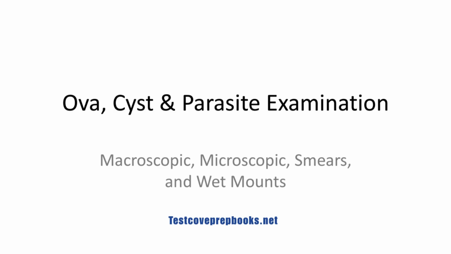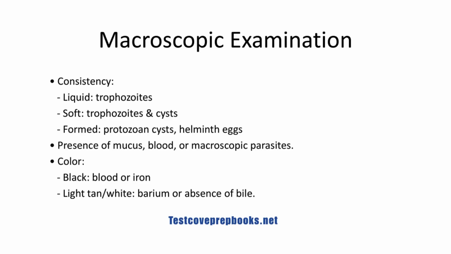Examination of stool specimens for ova, cysts, and parasites involves several steps: macroscopic inspection, microscopic examination, permanent smears, and wet mounts. Macroscopic examination evaluates consistency, presence of visible material, and color. Liquid specimens often contain trophozoites.